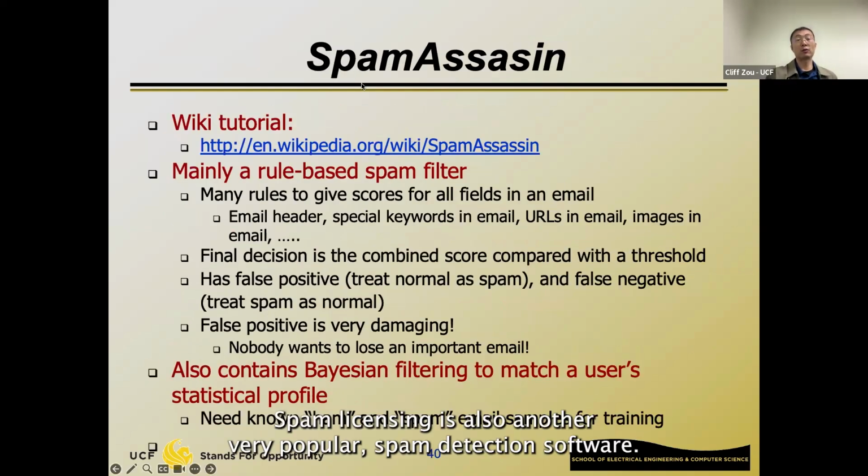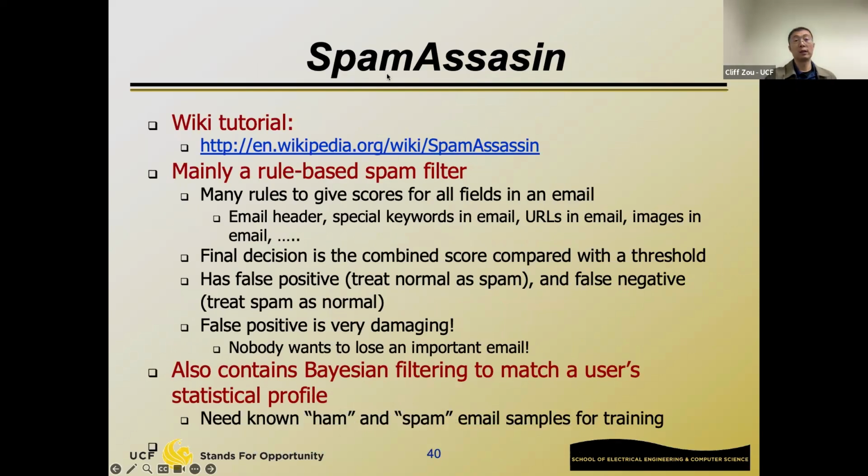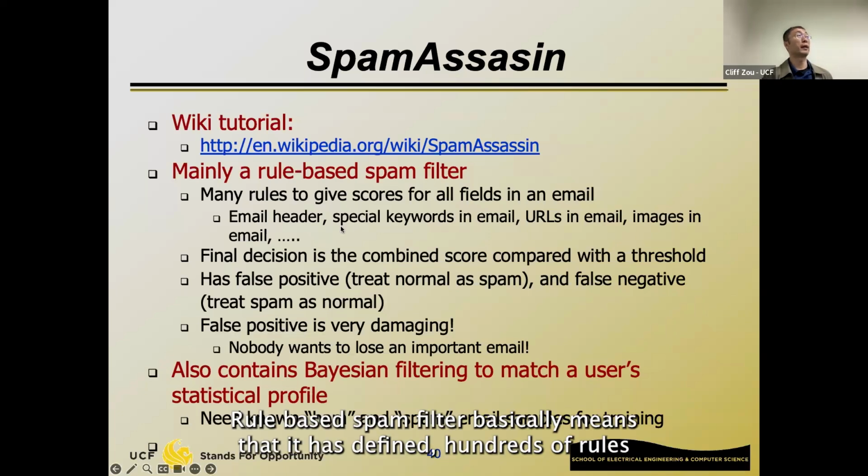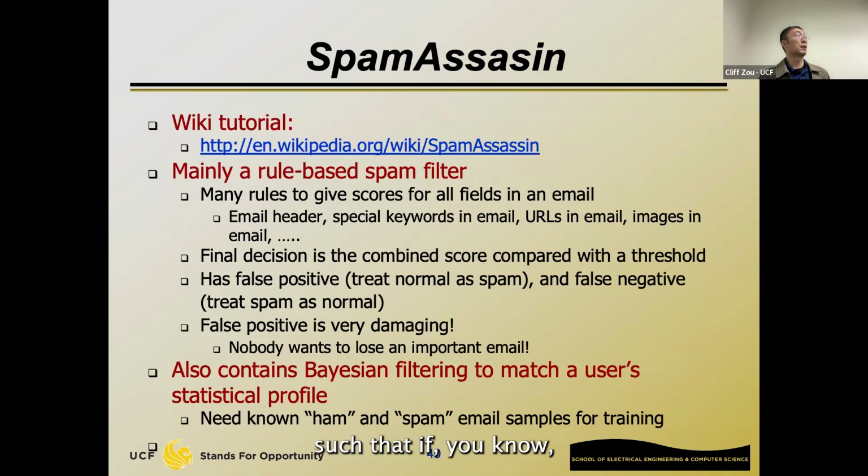SpamAssassin is also another very popular spam detection software. SpamAssassin is a rule-based spam filter. A rule-based spam filter basically means that it has defined hundreds of rules, such that if an email after checking violates any of these rules, then this email is highly likely to be spam.